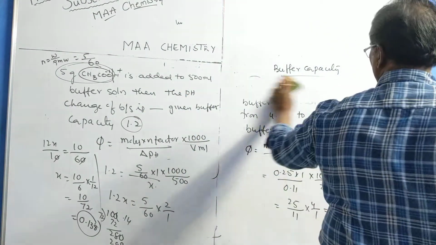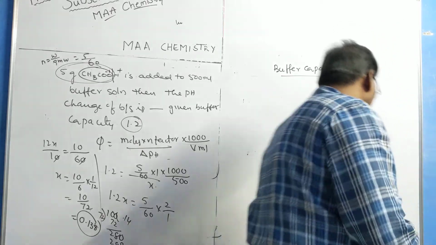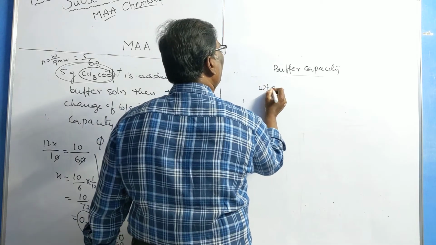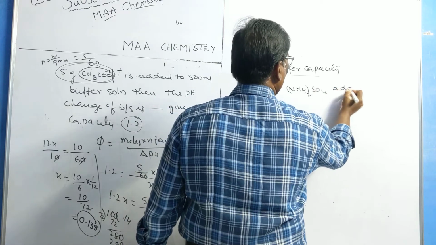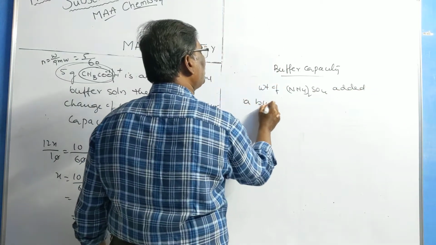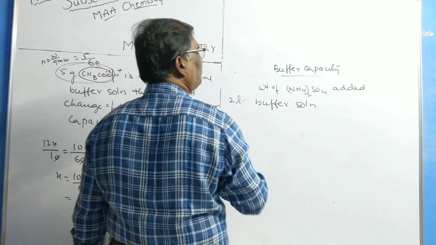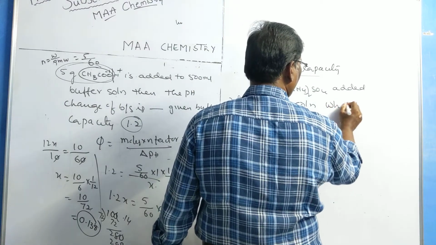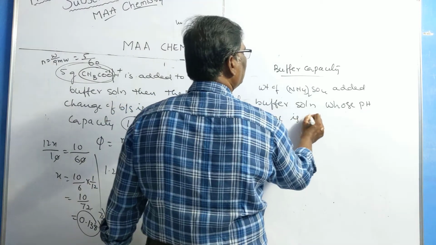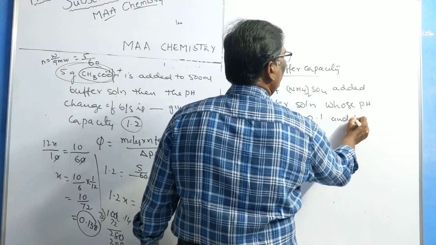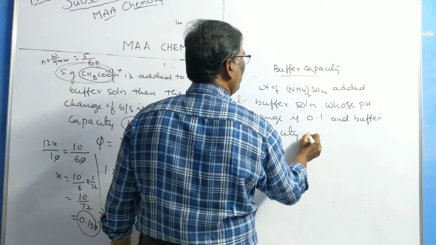One more problem I will explain. This time I am asking what is the weight of ammonium sulfate added to 2 liters of buffer solution whose pH change is 0.1 and buffer capacity is 0.5.